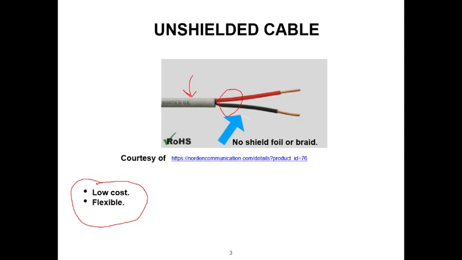So anyway, that's unshielded cable. And by the way, this is normally referred to as unshielded twisted pair, UTP cable. That's kind of what we're talking about on this slide.